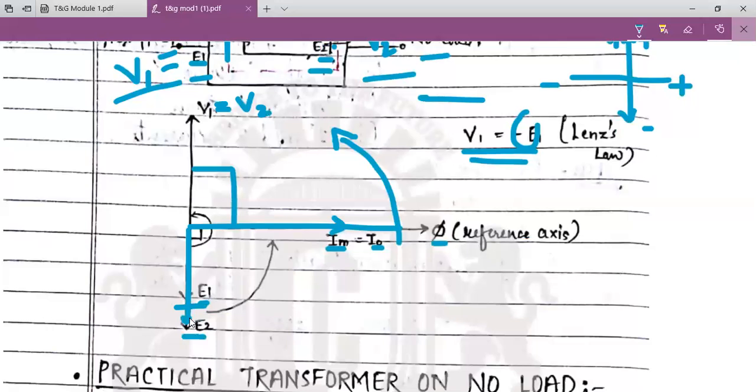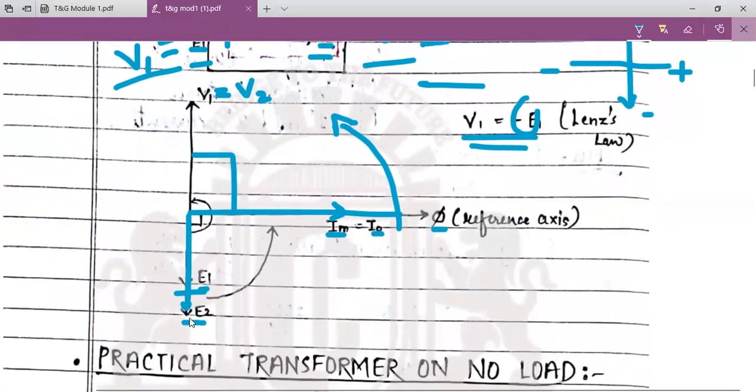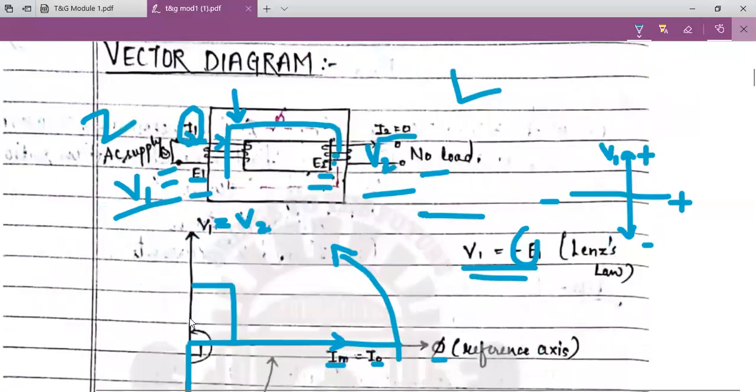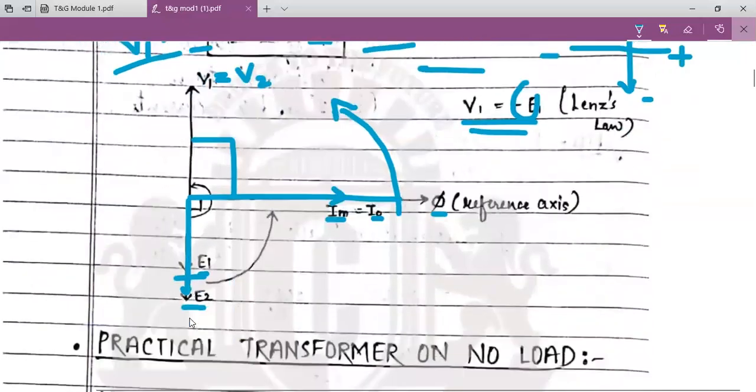Fine. Yes, sir. So this is for the ideal transformer, and this phasor diagram will be the base for the upcoming phasor diagrams.